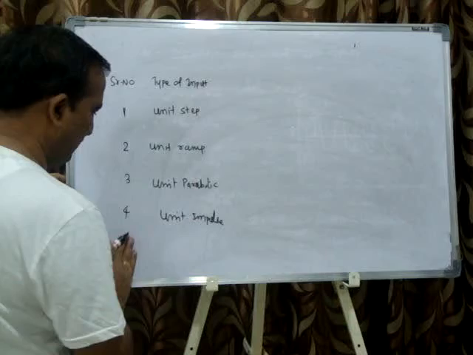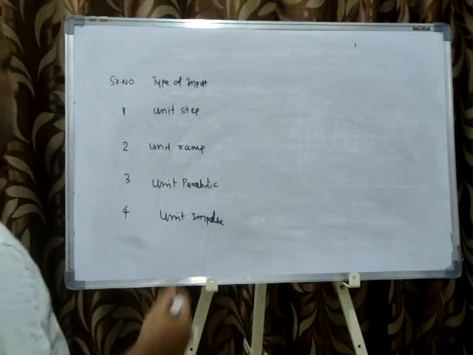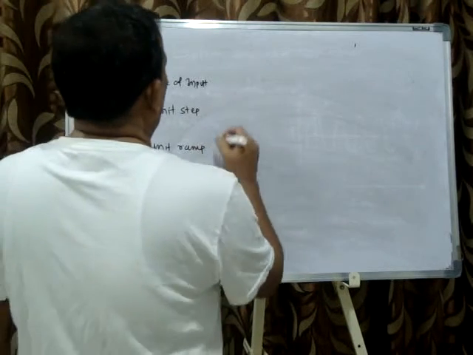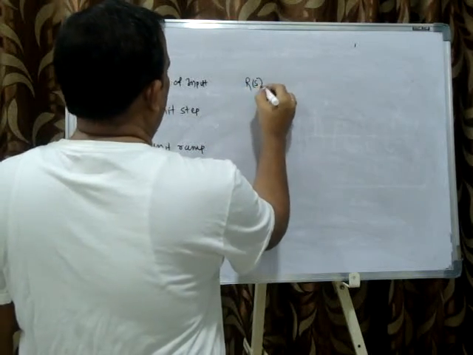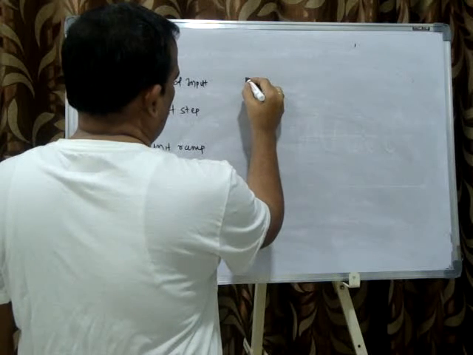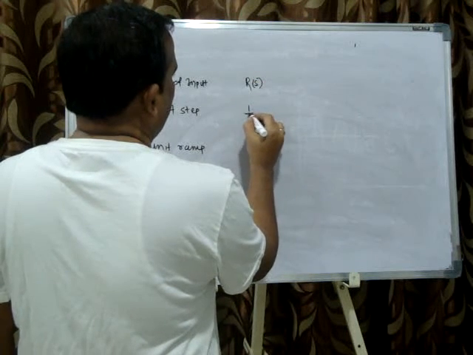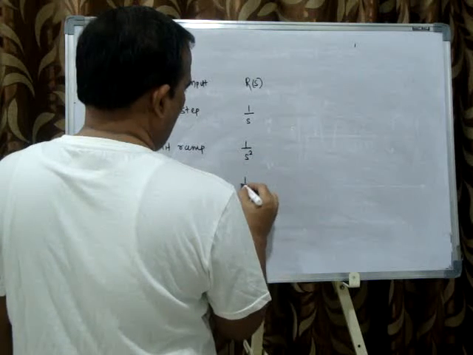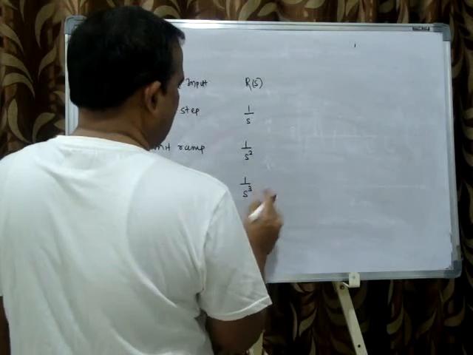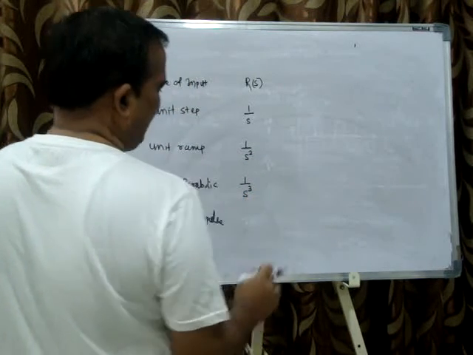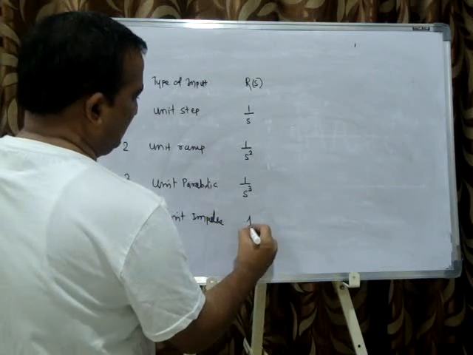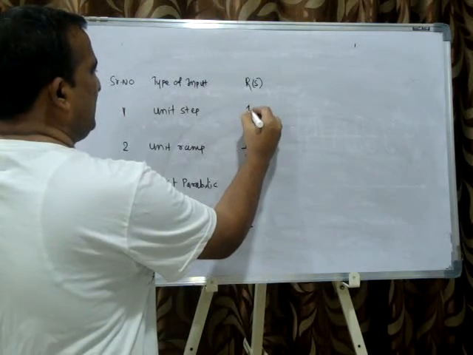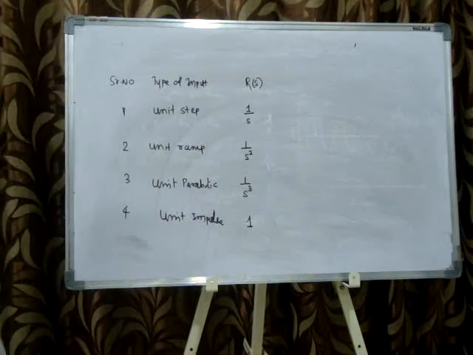Okay, I'll take 4 only now. Then the sinusoidal. Then what is the R of S here? R of S is 1 by S, 1 by S square, 1 by S cube, and impulse input is 1. Unit step input is nothing but 1 by S.